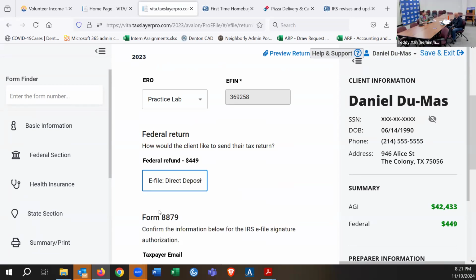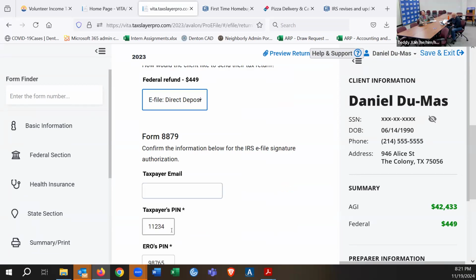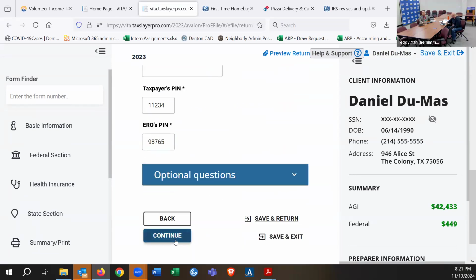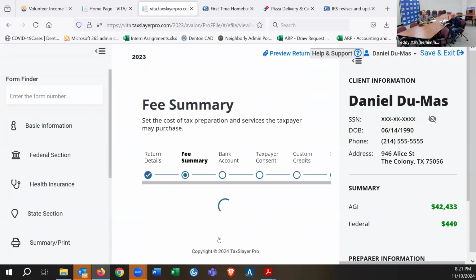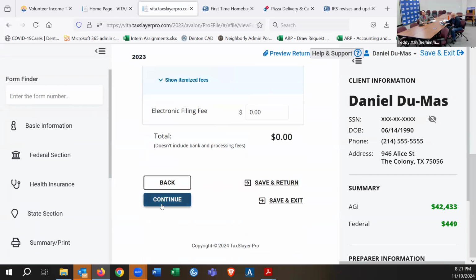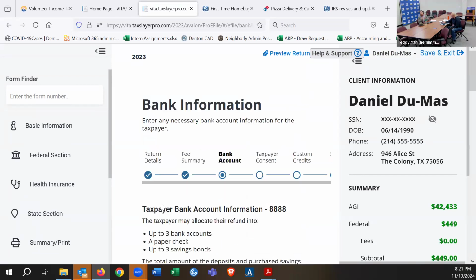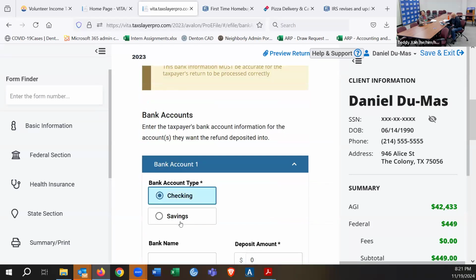Right. So let's go through return details. He wanted a direct deposit, I think. Well, we'll presume that he did. We'll hit continue. He gave his routing number, so yes, I would presume so. Then bank account information, we have Wells Fargo, in Texas and Oklahoma, therefore.